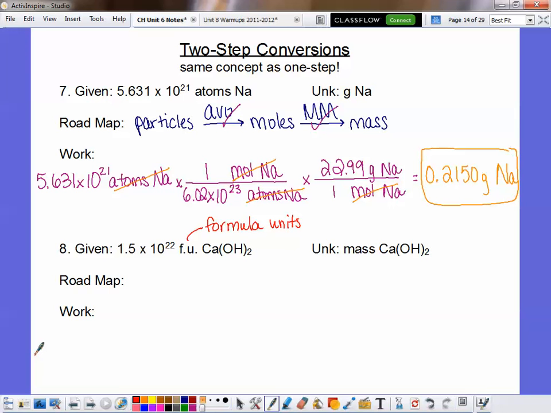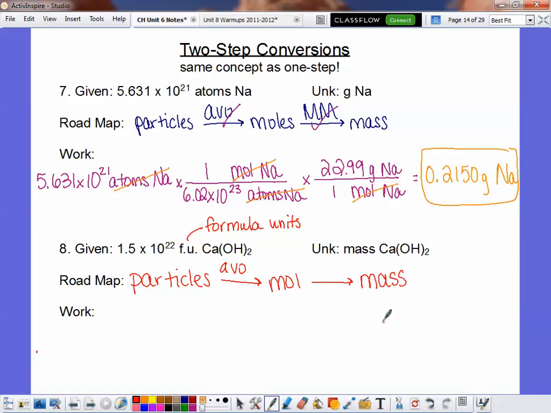Okay? All right, so our roadmap. Where are we starting with this one? Particles. Where do we go first? Moles. How do we get there? Avogadro's number. And then we go mole to mass using the molar mass on the periodic table.